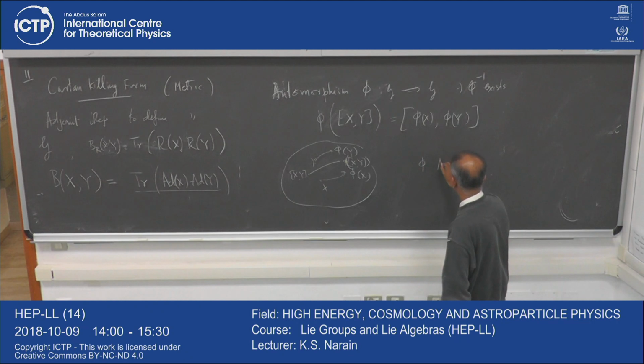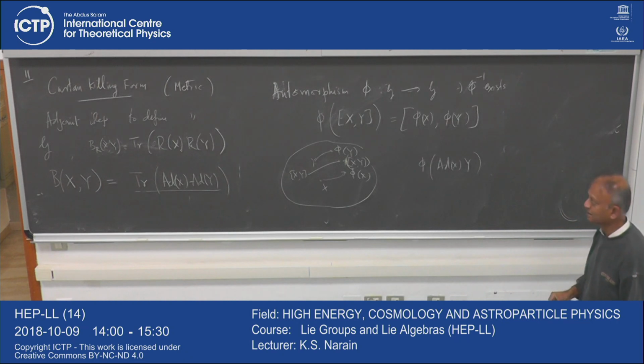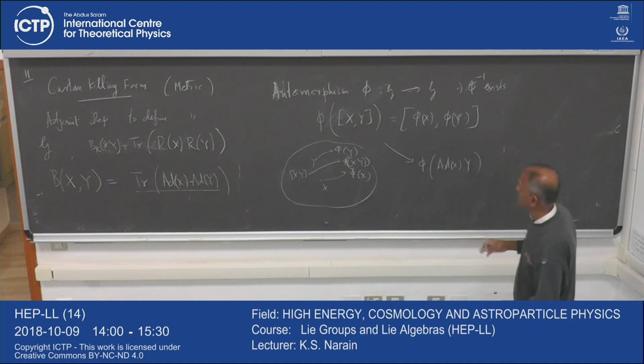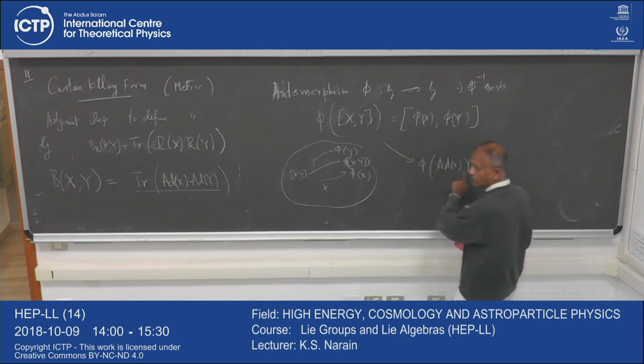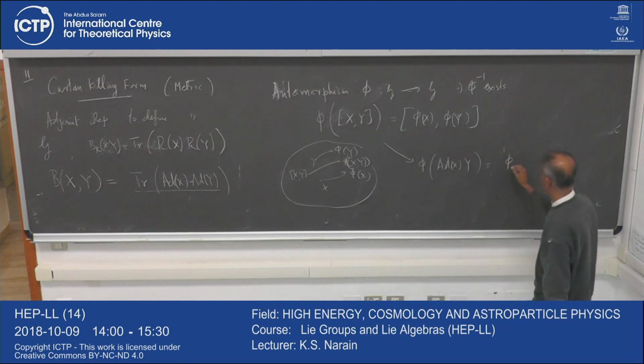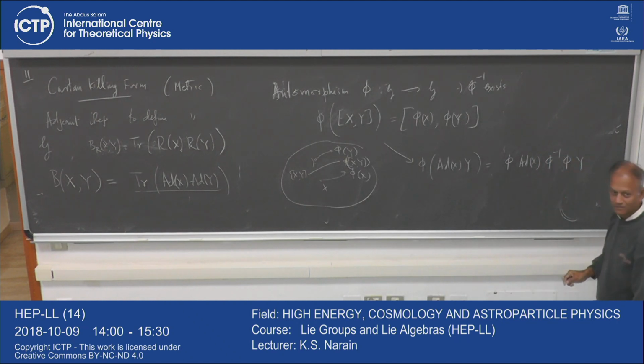This is nothing else but phi of ad x acting on y, right? This object is simply that, because this is ad x acting on y. But then I can rewrite this as phi ad x phi inverse phi acting on y. I just inserted the phi inverse phi in between.